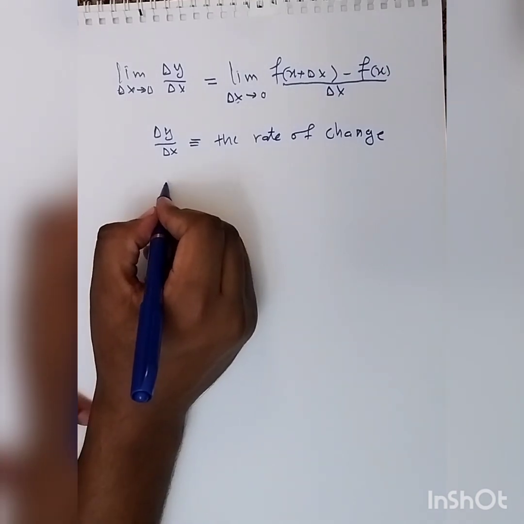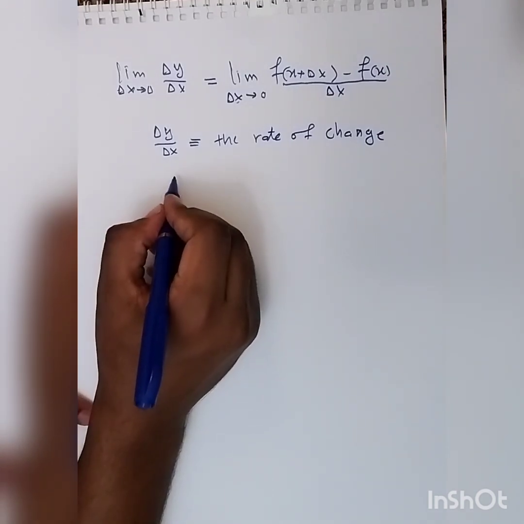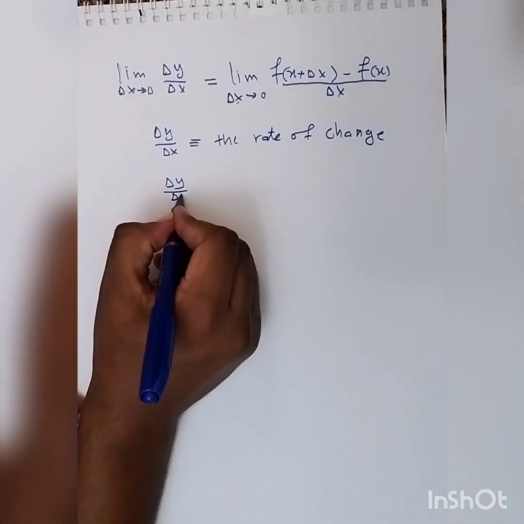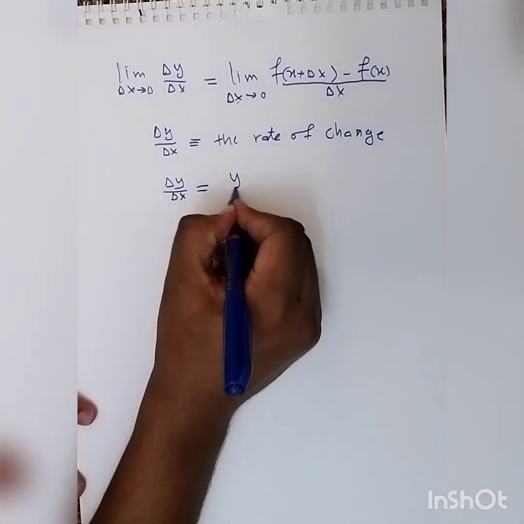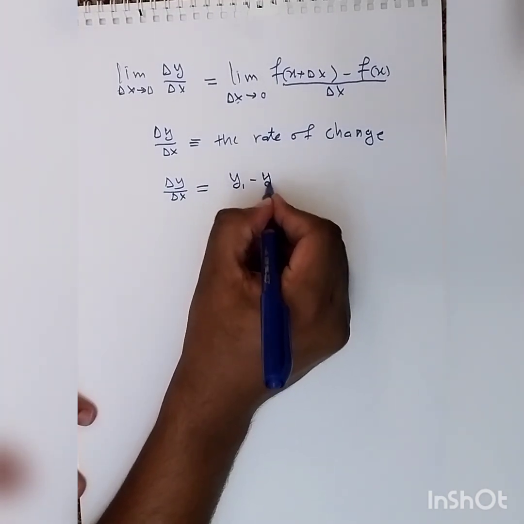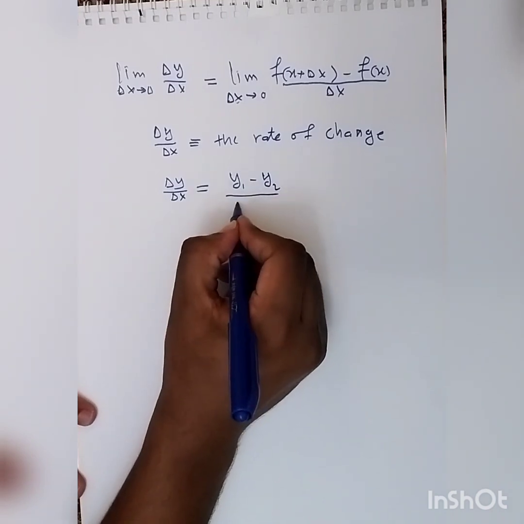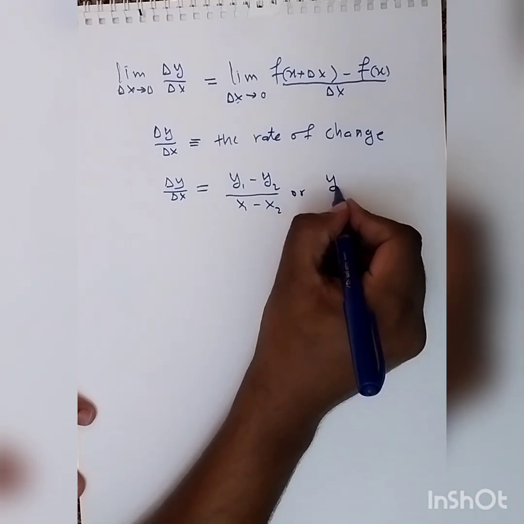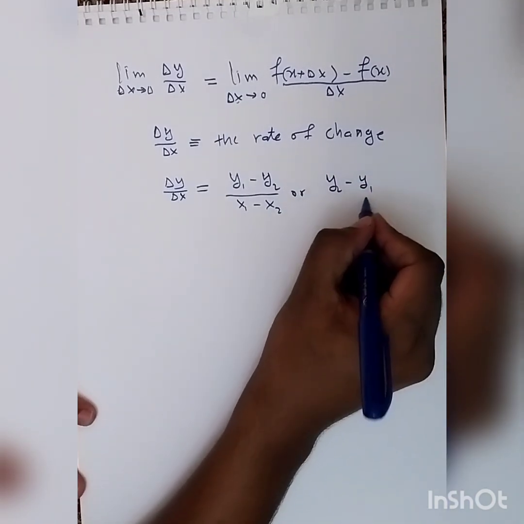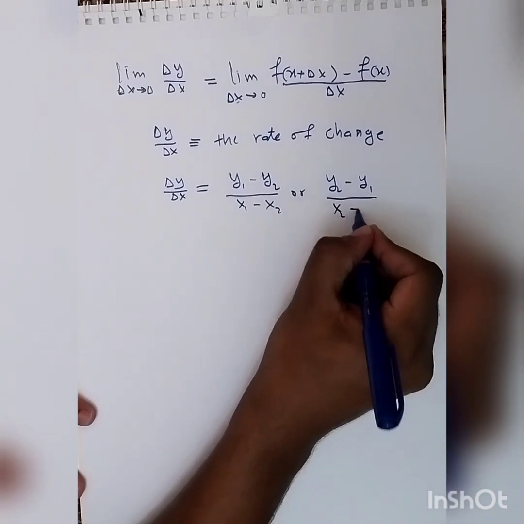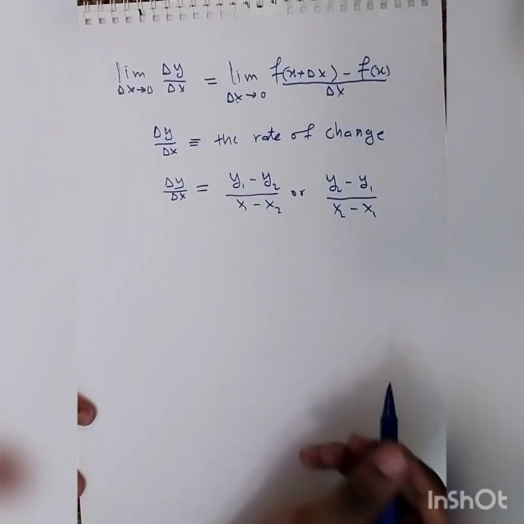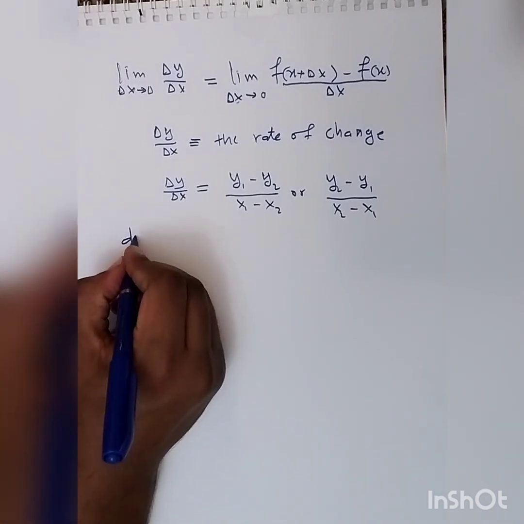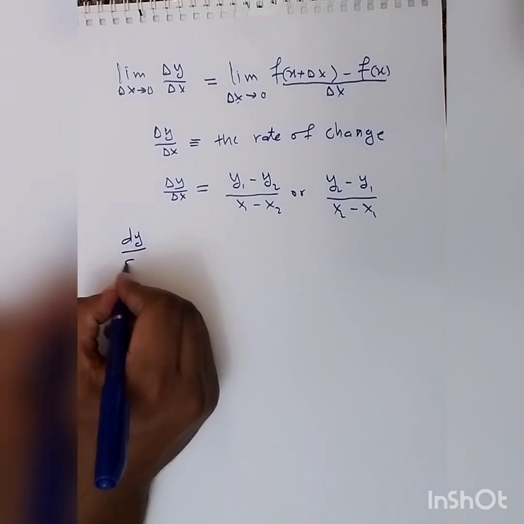If y changes from y1 to y2 and x changes from x1 to x2, then the rate of change will be equal to y1 minus y2 divided by x1 minus x2, or you can also say y2 minus y1 divided by x2 minus x1, both correct. And now the limit is denoted by, so this is now the derivative.